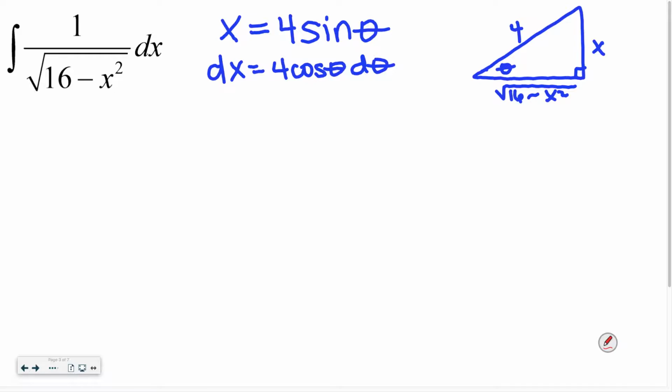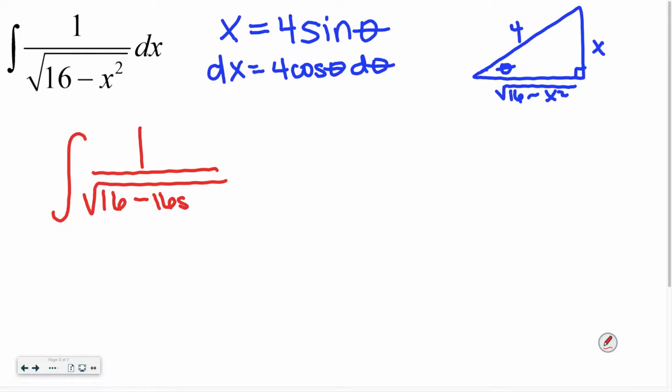This is the integral of 1 over the square root of 16 minus x squared. What would x squared be? 16 sine squared theta, and dx gets replaced with 4 cosine theta d theta. So we replace all of the x's and we replace dx. Your integral looks more complicated for a moment.